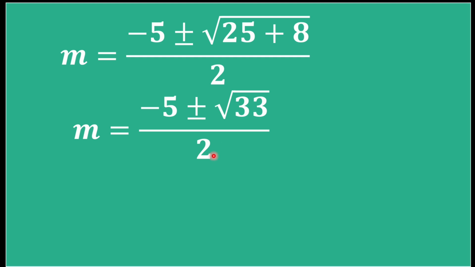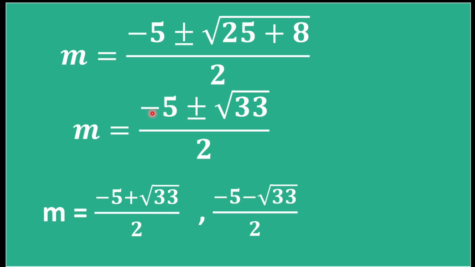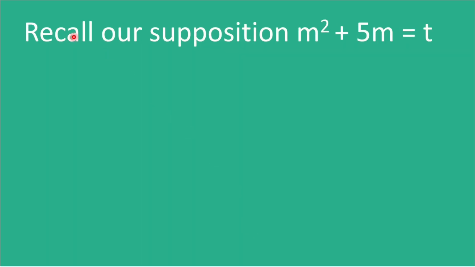So we have these two values of m, which is our solution, and with this we can write these values separately: minus 5 plus square root of 33 divided by 2, and similarly we can write this value with minus. And now again we will recall our supposition, which was m square plus 5m equals t.